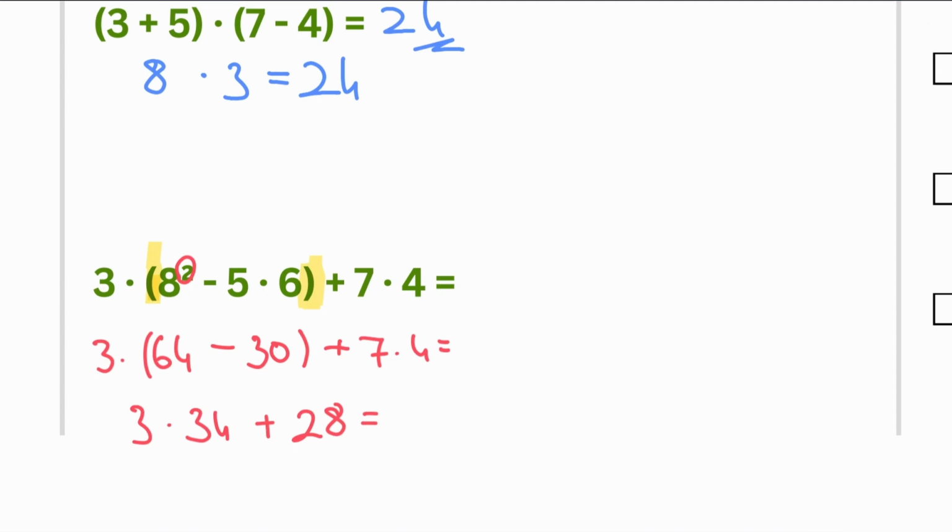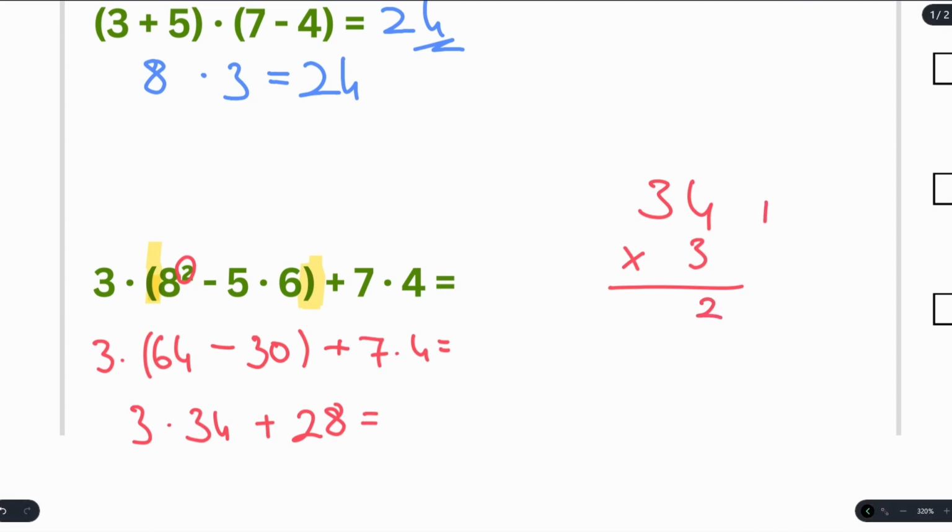Now let's do 3 times 34. You could just do it here. 3 times 4 is 12. We have 1. 3 times 3 is 9. Carry over the 1 is 10. So we have 102 plus 28. So the answer is 130.